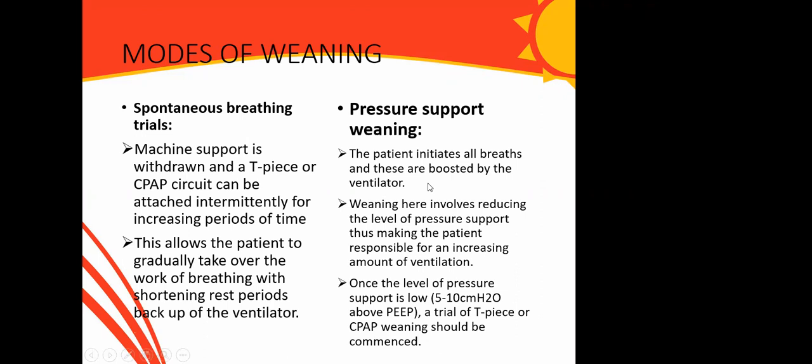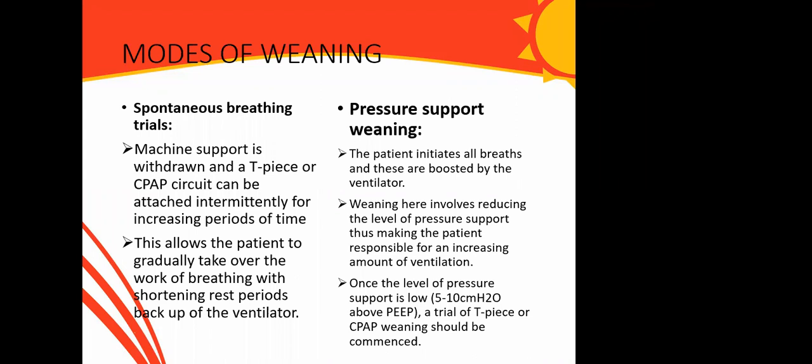Another common one is the pressure support weaning. All right, in all of this, you take off ventilatory breaths, and you allow the patient to initiate all breaths, but you are providing pressure support so that it can help to overcome any difficulty or any resistance from your tubes or whatever it is.